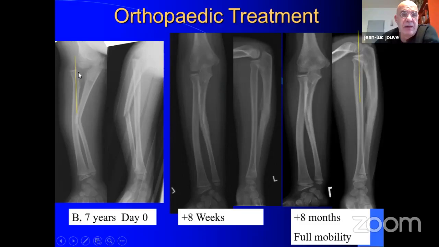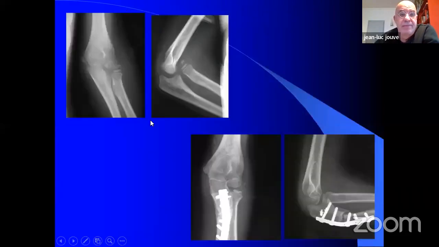Here the radial head is dislocated, and after reduction you see that the radial head is coming in the good position, and sometimes your interest is to do the reduction with a little overcorrection, as in this case you see that the surgeon, when he has done the reduction, has done an overcorrection of the ulna to obtain a good reduction of the radial head.